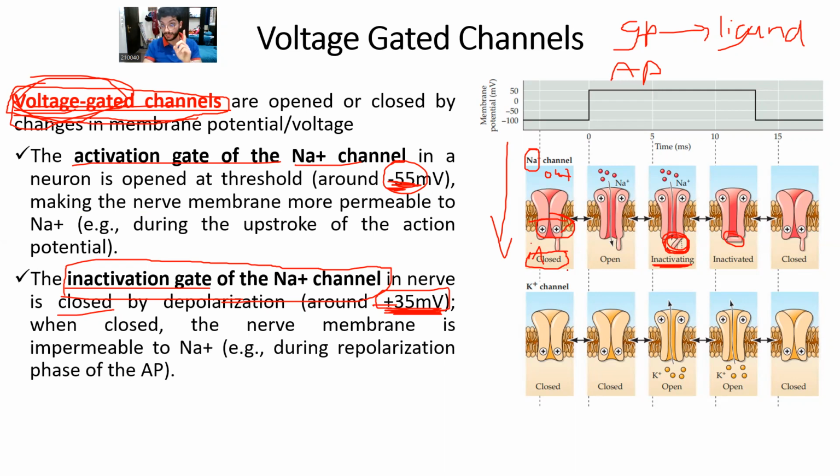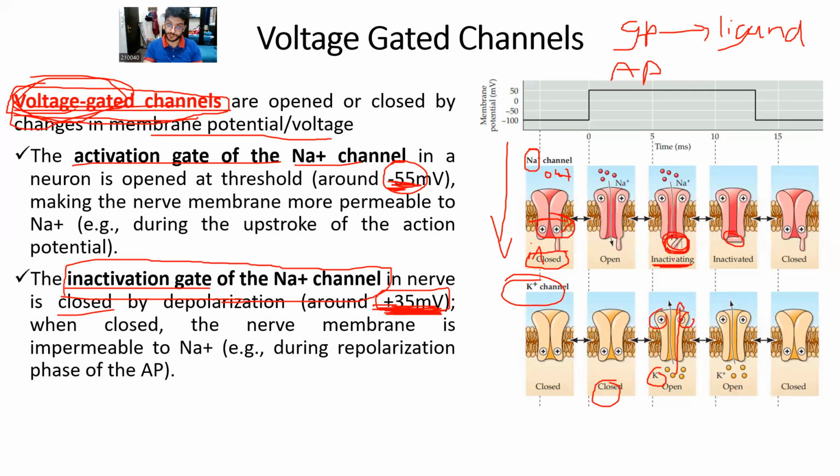Now, at the same time, once we reach a very high voltage, at +35 in this case, potassium channels open. These potassium channels are also voltage-gated channels. They open up at higher voltages. It's just how the channel is. Once it reaches positivity, it causes the channel to open. Once the channel opens, this allows potassium to move out.